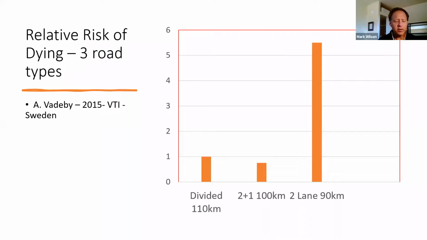This next study, a 2015 study, compared the relative risk of dying on various road types in Sweden. You can see that 2+1 roads compare very favorably to 4-lane divided highways or motorways. We also see much higher risk on 2-lane rural roads, which is common around the world, certainly across Canada, because of the high levels of high energy crossover collisions.